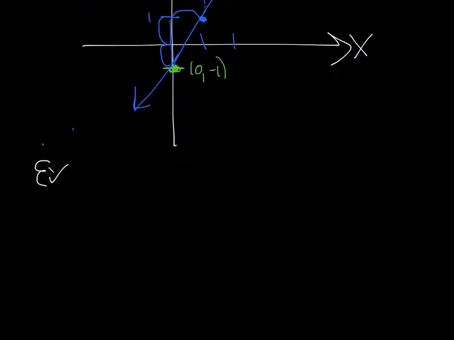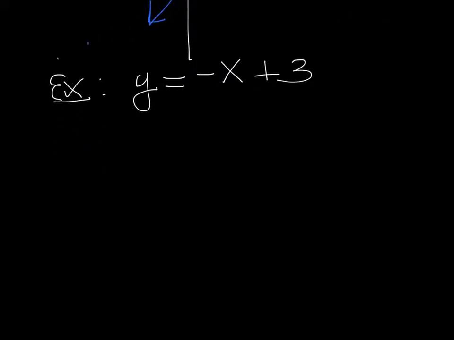Let's do y equals negative x plus 3. Okay, so my slope, my m, is equal to negative 1, right?